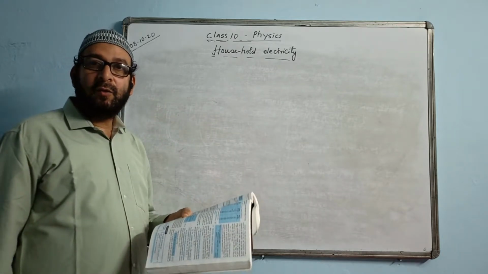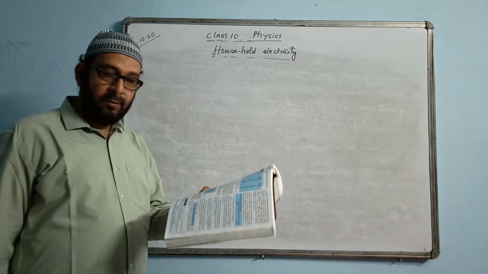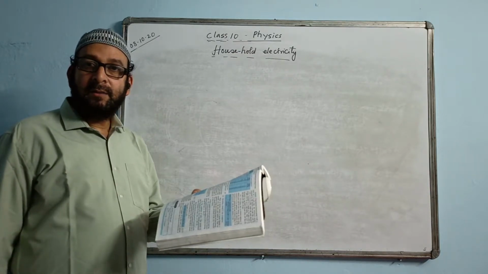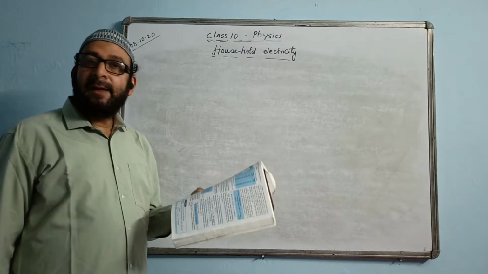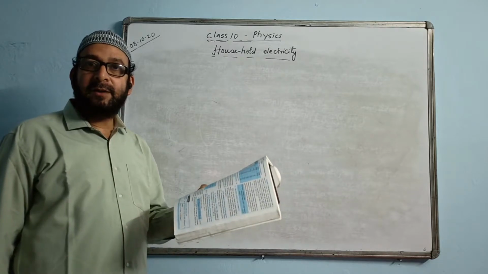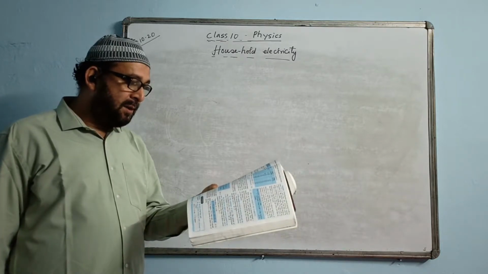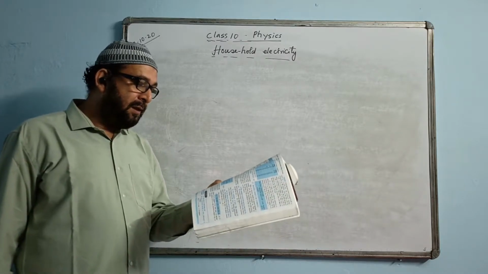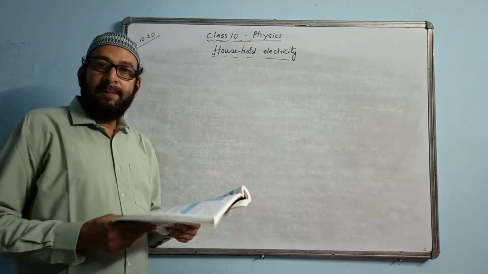So I read the question, those who do not have the book, they can follow. The current through a 12 volt tungsten filament lamp, connected to a 12 volt accumulator, or battery, same thing, of negligible resistance is 3.0 ampere.